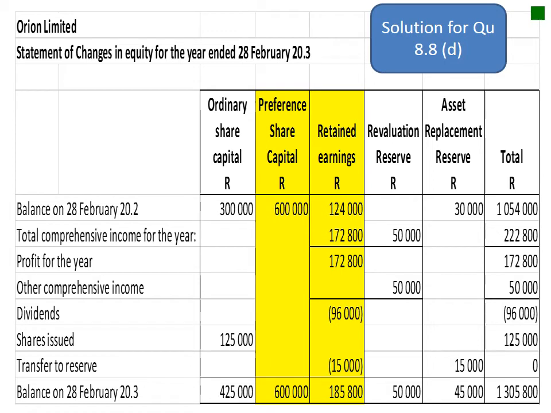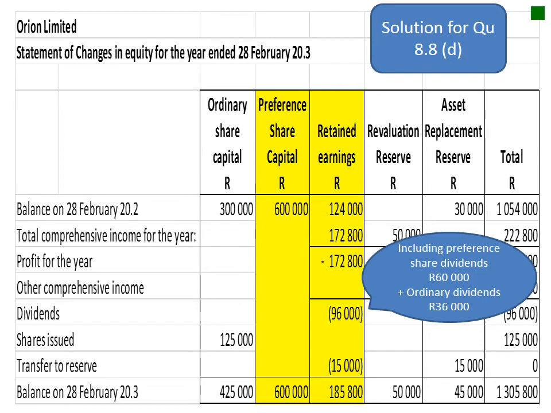So if you go back to your statement of changes in equity solution, you will now see that this 172,800 is the amount that I've just shown you, the recalculated profit for the year, excluding the dividend on the preference shares. If you now look at the dividend amount in the retained earnings column, dividends are subtracted from retained earnings.